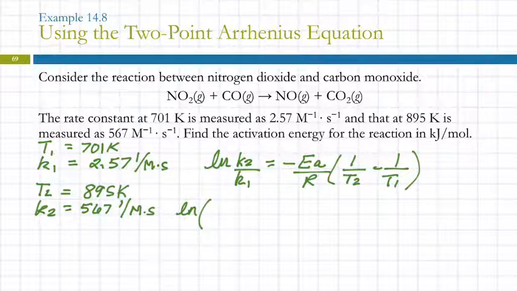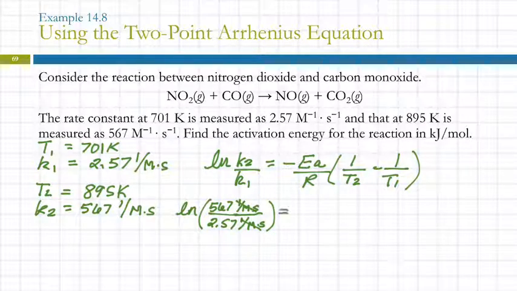Natural log of K2, 567 over 2.57. Now, these have units. What happens to the units? They cancel out. So I wrote them in there, but they cancel out.